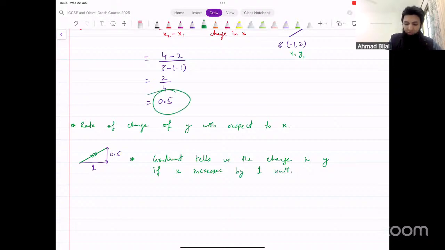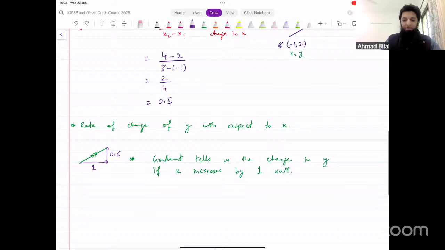So what does 0.5 mean then? If x increases by 1 unit, y would change by 0.5. Okay, so y would increase by 0.5. If it was a negative gradient, that would mean that y is decreasing by that number.